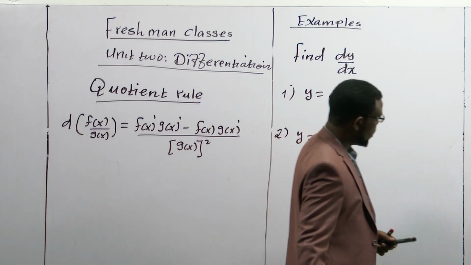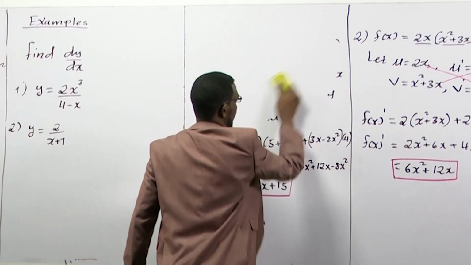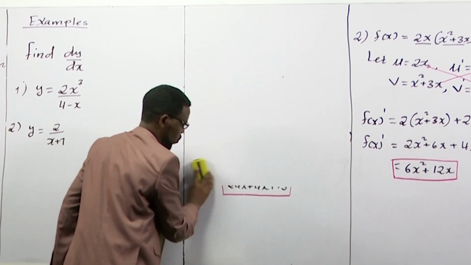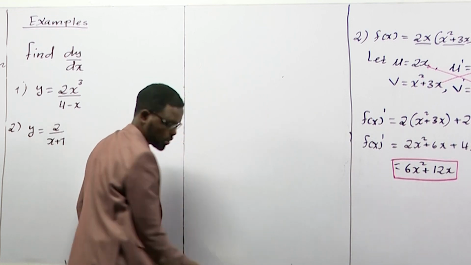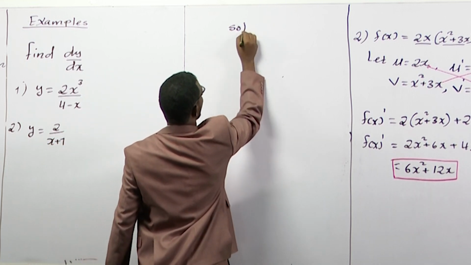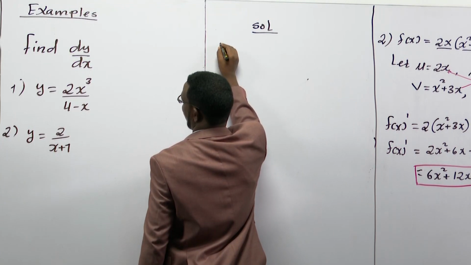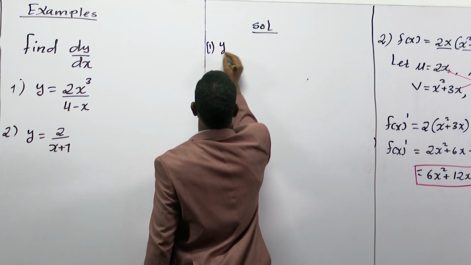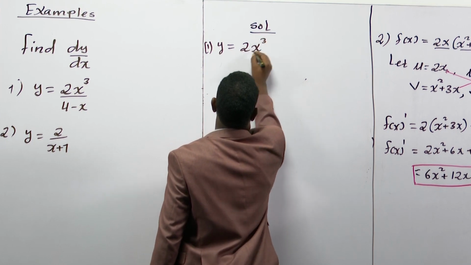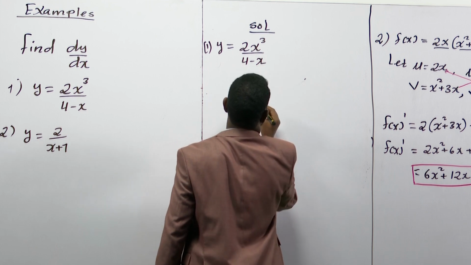How can we solve? How can we differentiate those 2 examples? First step: y is equal to 2x cubic divided by 4 minus x.